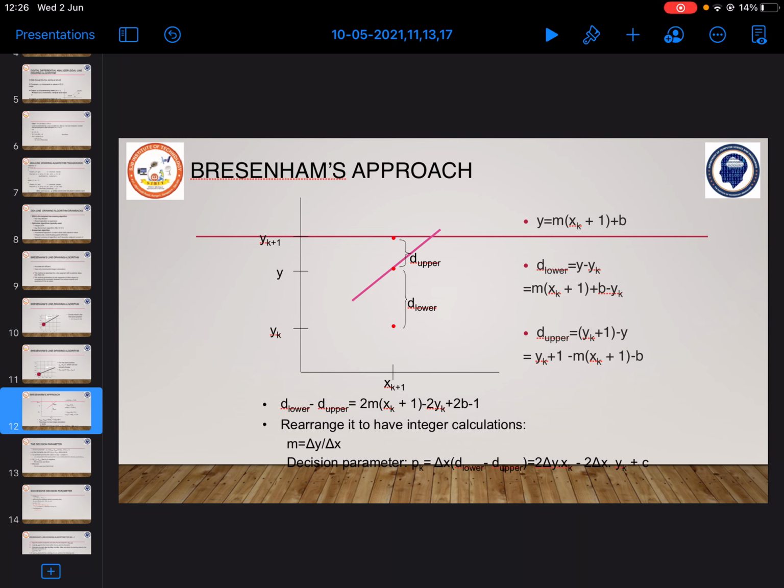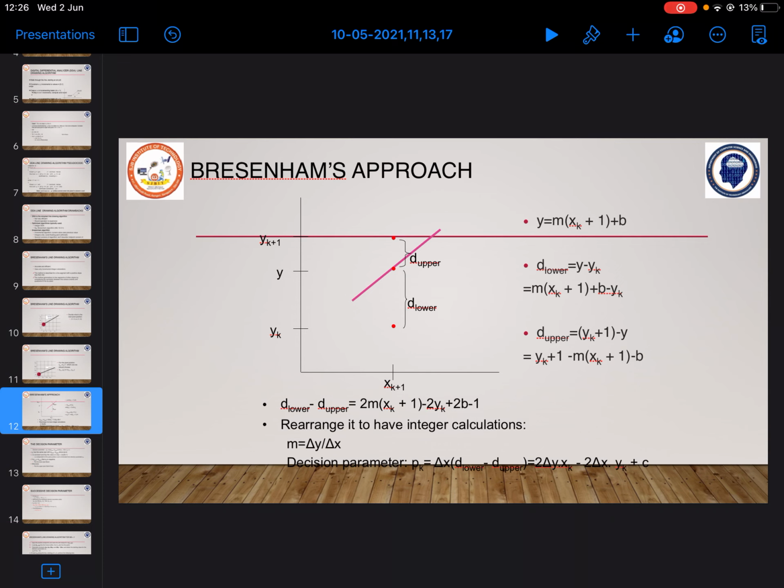The d upper is yk plus 1 minus y, and substituting the y value gives this equation. If we choose the lower pixel position, we use this formula; if we choose the upper pixel position, we use this other formula. To find the next displacement value, we work with the displacement difference.